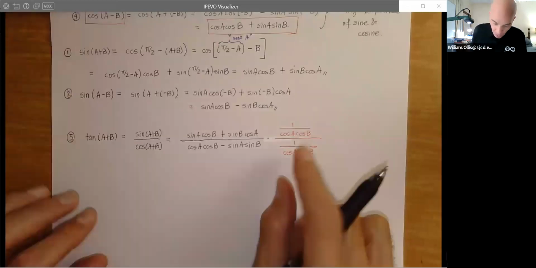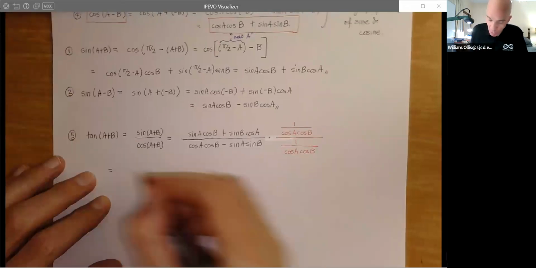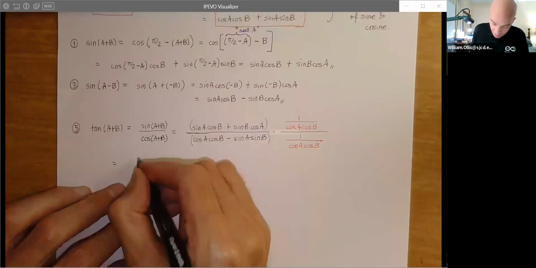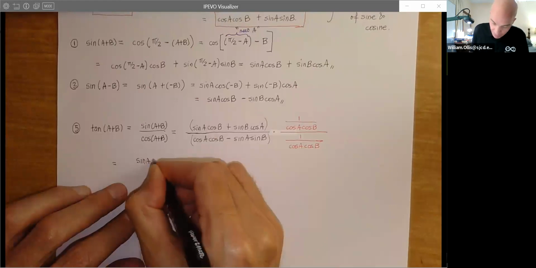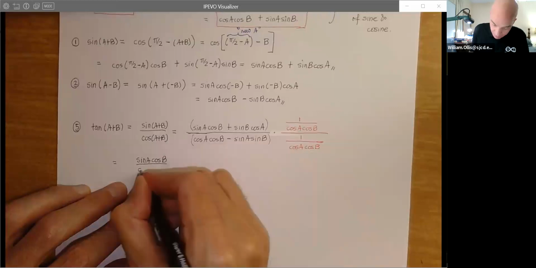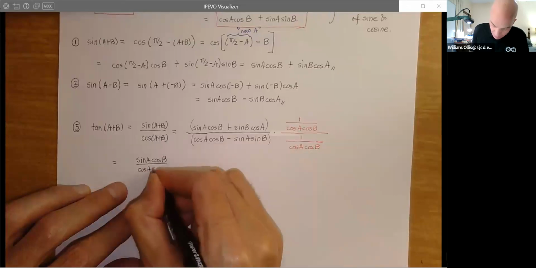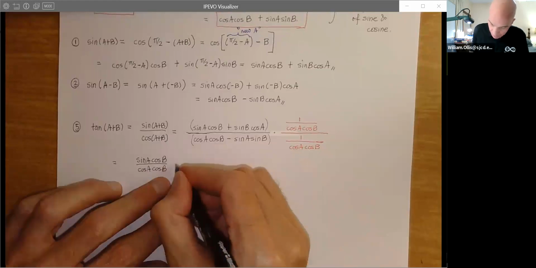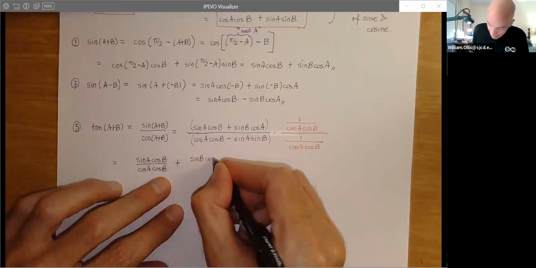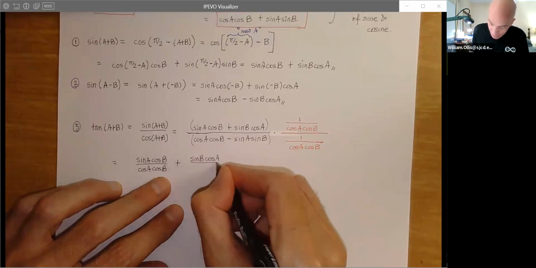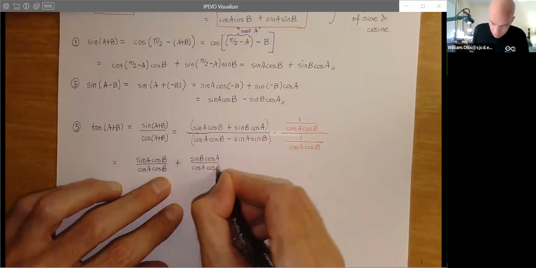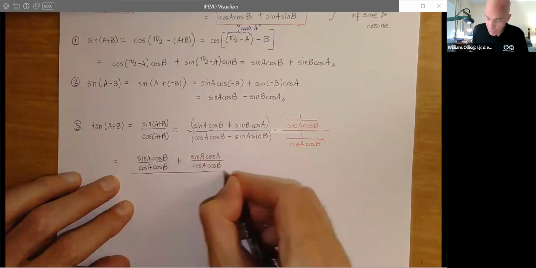So now what we want to do is just go ahead and multiply. So just think of these as parentheses. So we have sine A cosine B divided by cosine A cosine B, plus sine B cosine A divided by cosine A cosine B. And then downstairs, we'll just do the same thing.